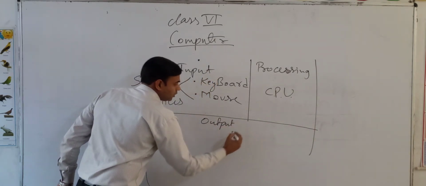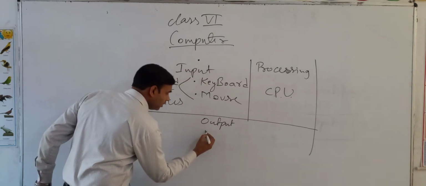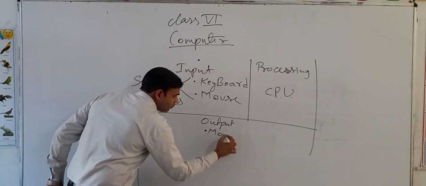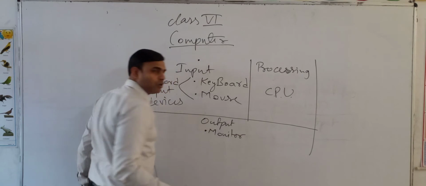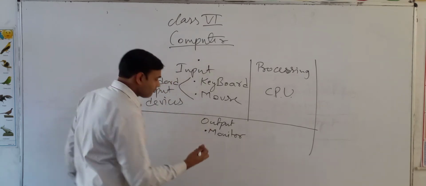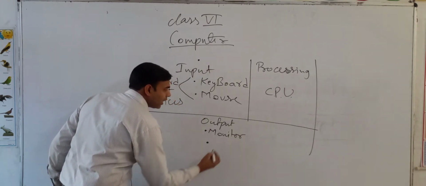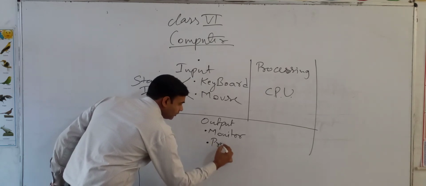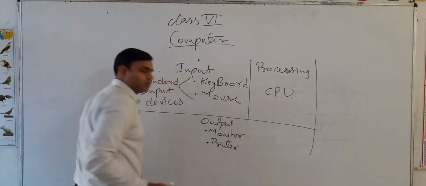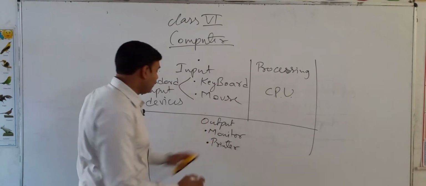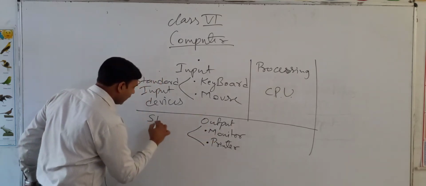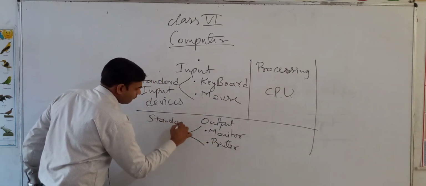Now, the famous output devices are, number one, the monitor, that you know as a screen, and next you have printer. Monitor and printer. These two are known as standard output devices.